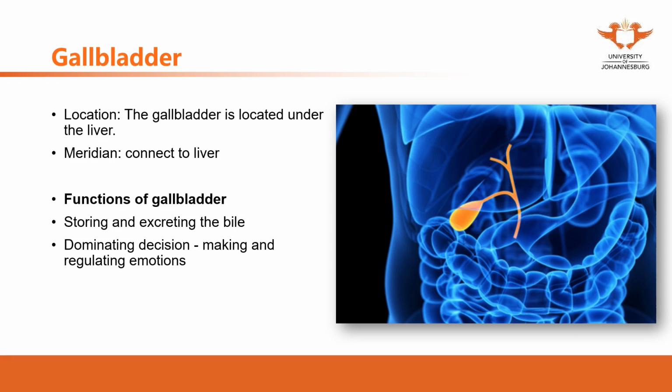So if there is dysfunction of the liver and gallbladder, it will cause the disorder of storing and excreting of the bile. This will cause pathological changes such as jaundice.